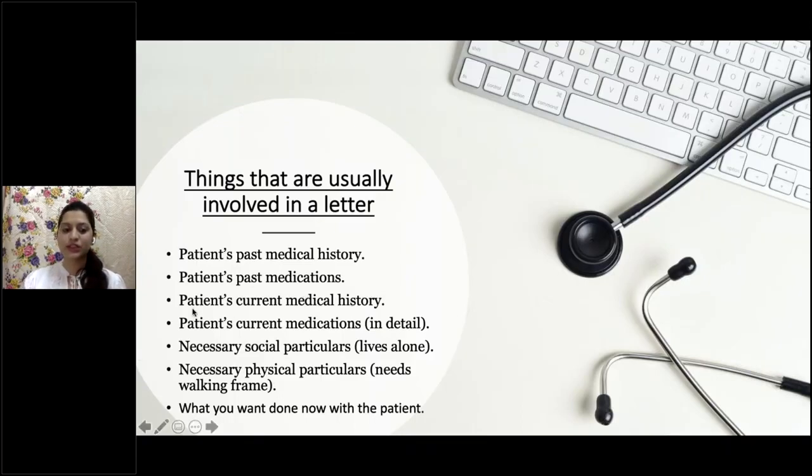So the patient's current medical history, current medications, necessary social particulars like if they live alone or do they need help, or necessary physical particulars, exactly, needs a walking frame, and if they need help with their household stuff, and what you want done now with the patient.